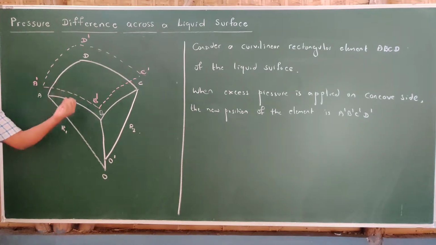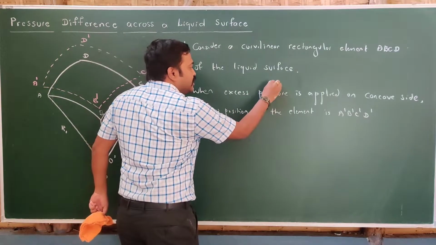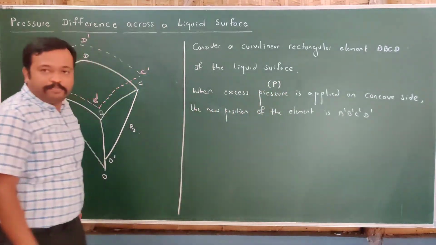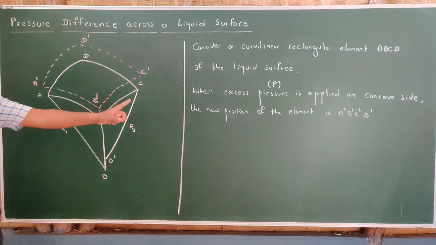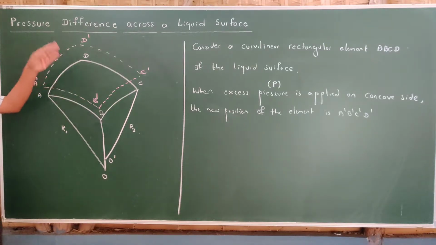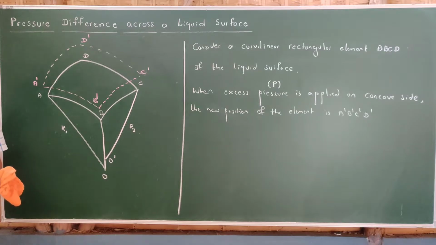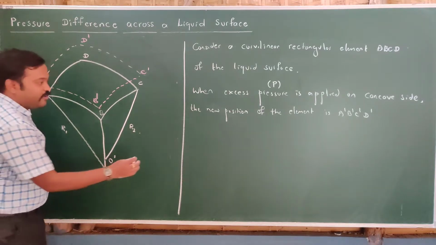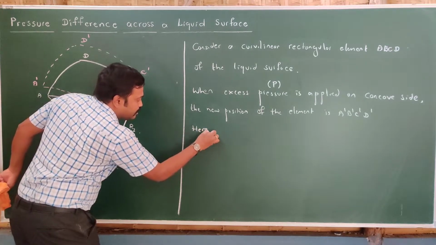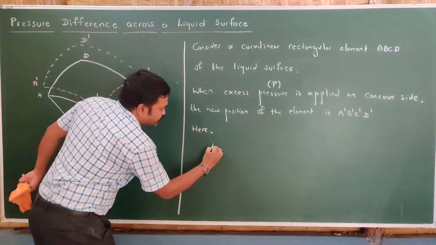How much pressure did I apply? Let me take it as capital P. Now let me go ahead. In this, let me consider the length of AB.